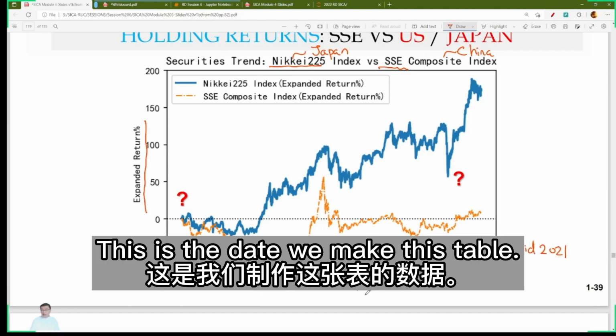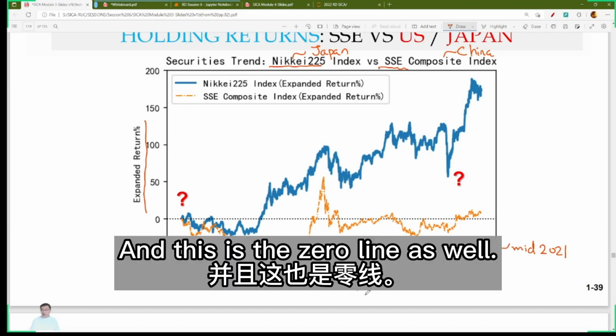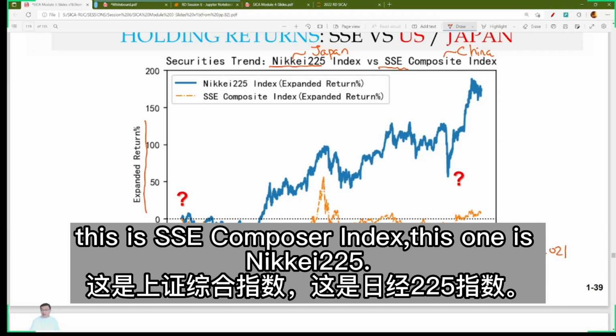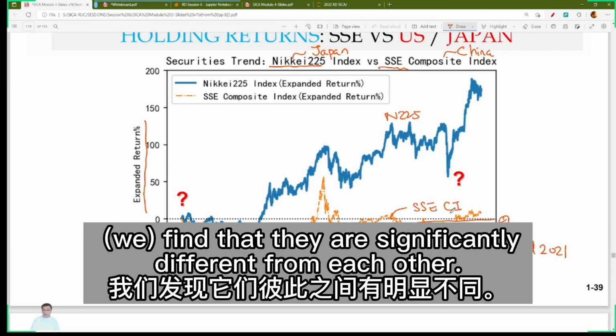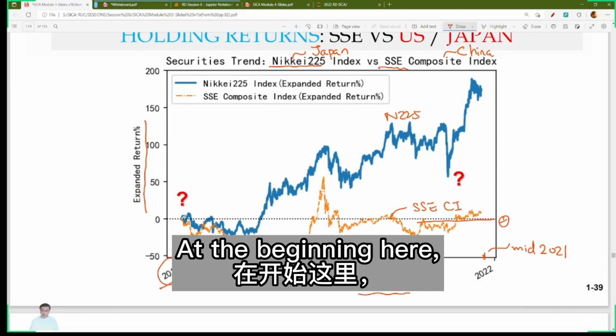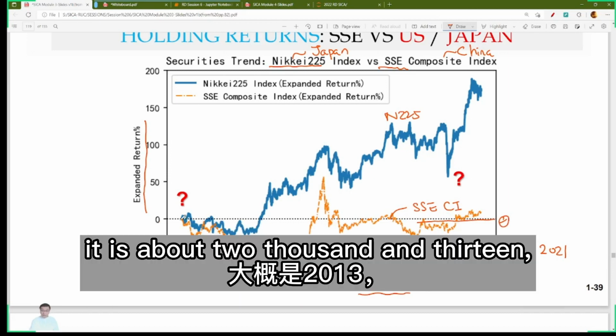Okay, this is the date we make this picture, and this is the zero line as well. This is SSE Composite Index. This one is Nikkei 225. Of course, we find that they are significantly different from each other. At the beginning, here, it is about 2013.